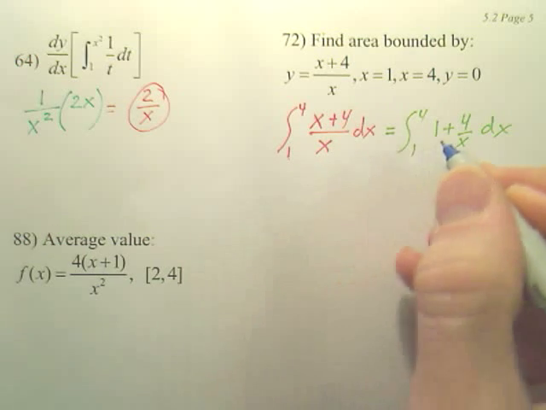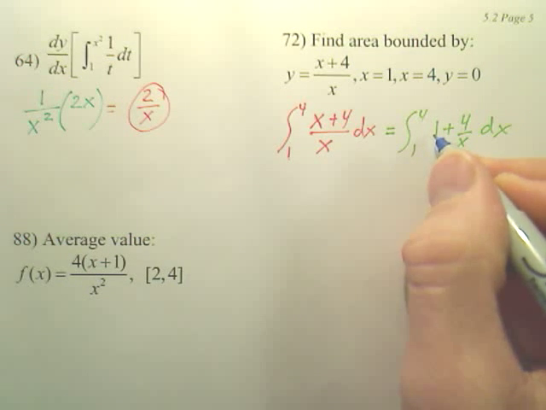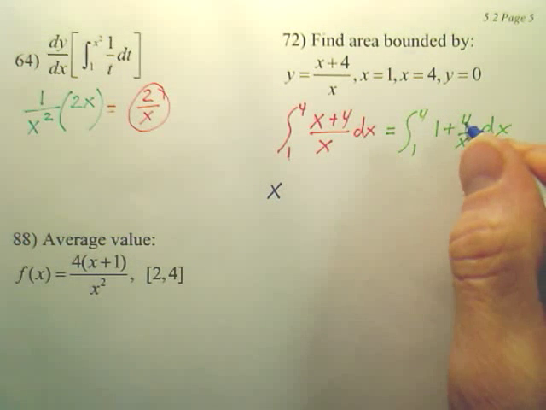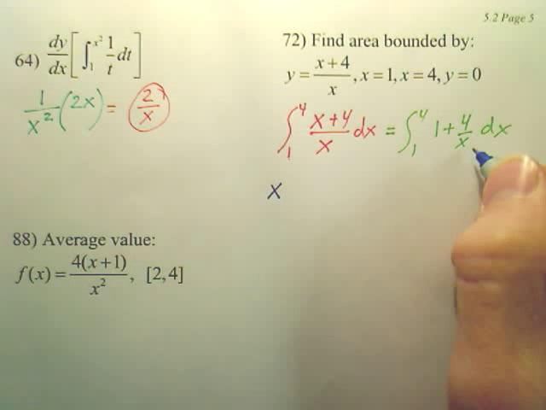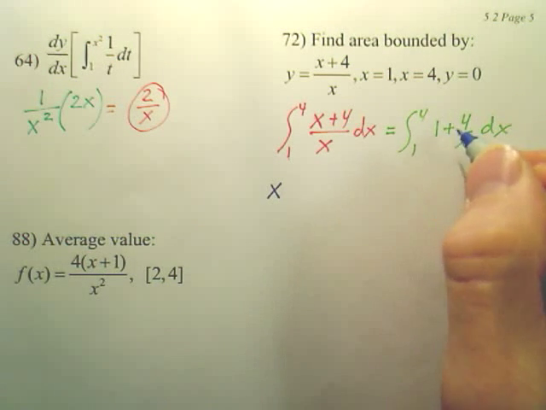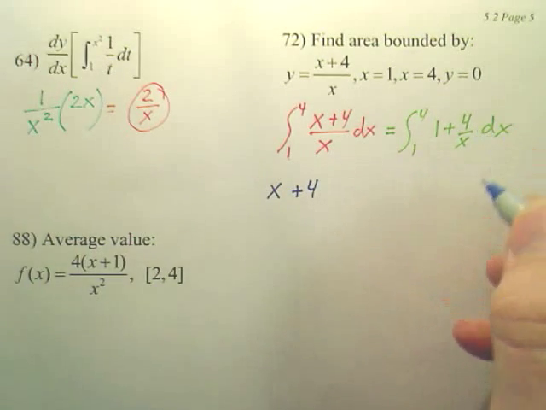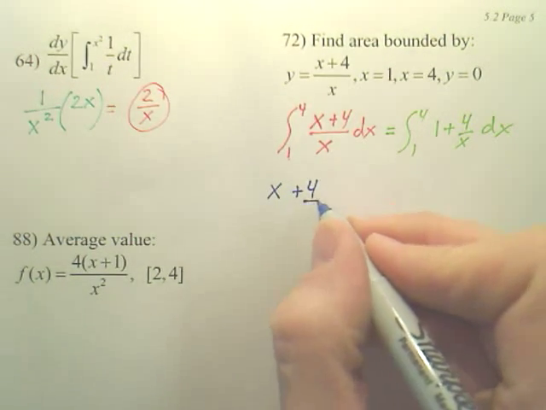And then when you integrate this, the integral of 1 is x. And 1 over x, isn't that ln? So can I pull out a 4? Kind of push the 4 over? And then 1 over x is my answer, so wouldn't that just be 4 over x?